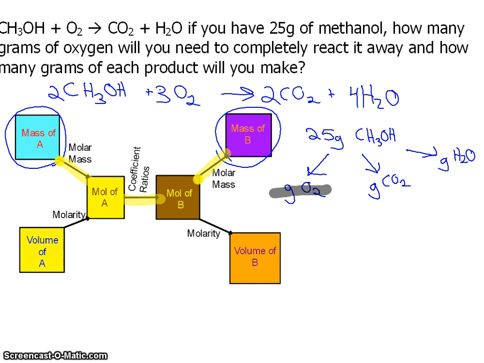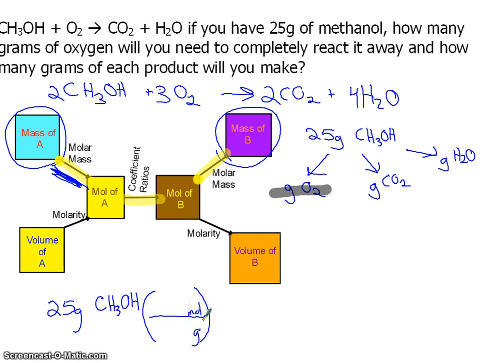I start off with the fact that I've got 25 grams of CH3OH. Then I'm going to turn it into, right now I'm doing this conversion with the molar mass. So I want to get rid of grams.